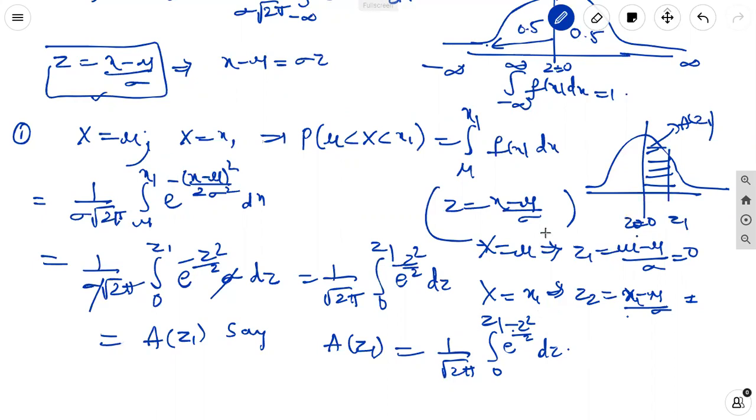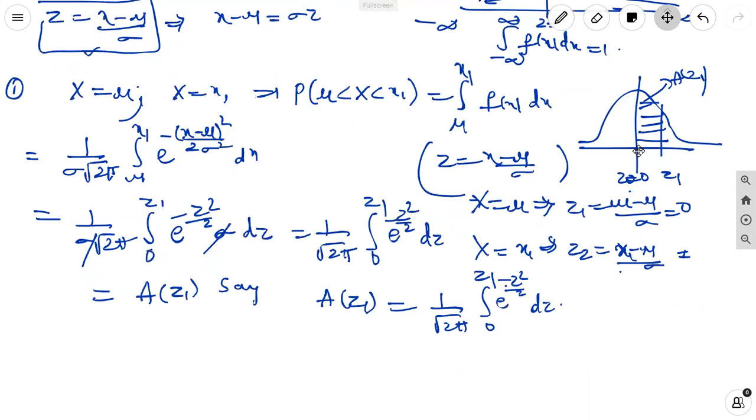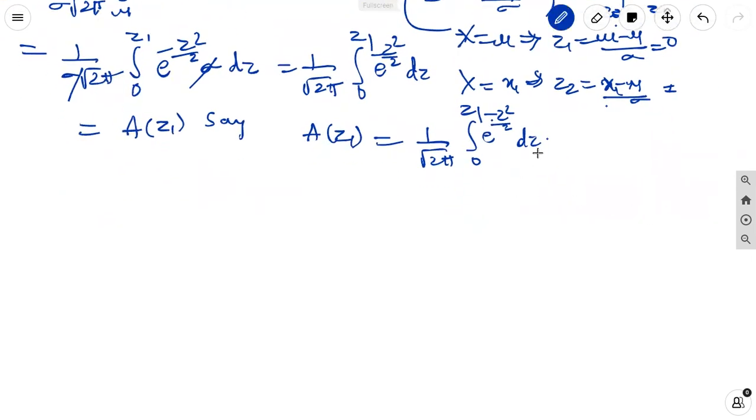Here the function phi of z gives the area of z1. We can take it as 1 by root 2 pi integral of phi of z dz, or simply as the integral from 0 to z1 of 1 by root 2 pi e power minus z square by 2 dz.